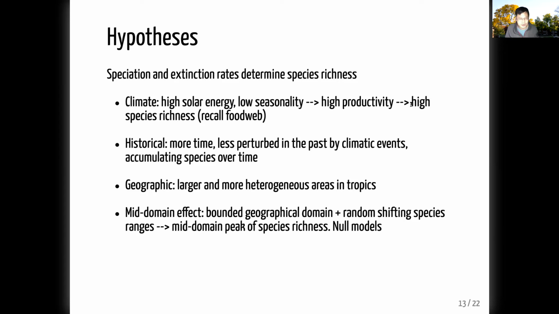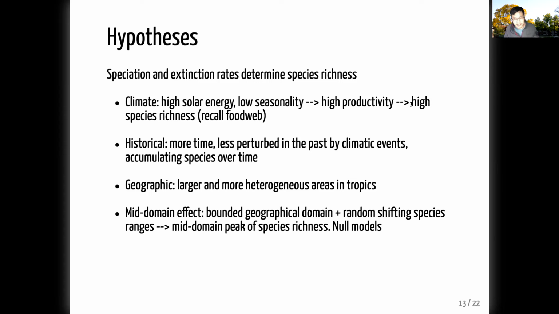Then the second group is about time, the historic hypothesis. Tropic areas have been less perturbed by climatic events such as glaciers. We know that more than 10,000 years ago, about half of North America was covered by ice, but not the tropic areas.